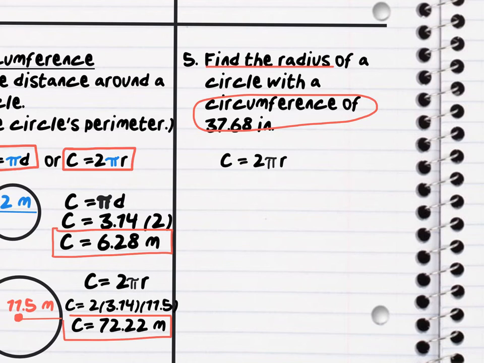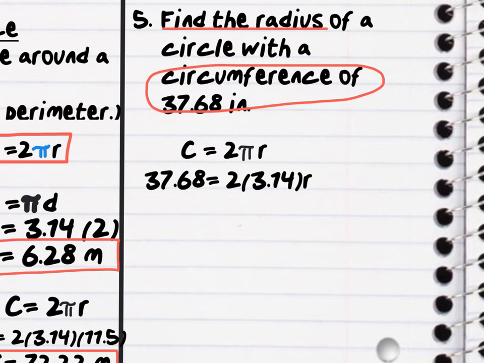Okay, so we are going to use C equals 2 pi r. And now what we're going to do is plug in all the numbers that we know. Since we know circumference, we'll be plugging that in, and we know what pi is, 3.14. So now we have this equation, 37.68 equals 2 times 3.14 times r. Now we're trying to figure out what the radius is.